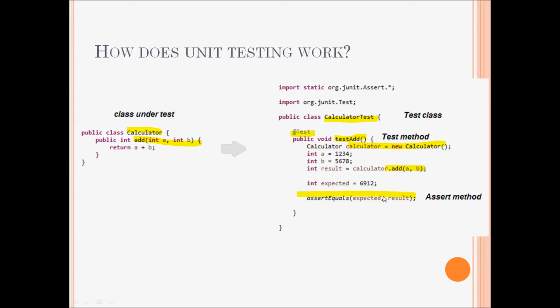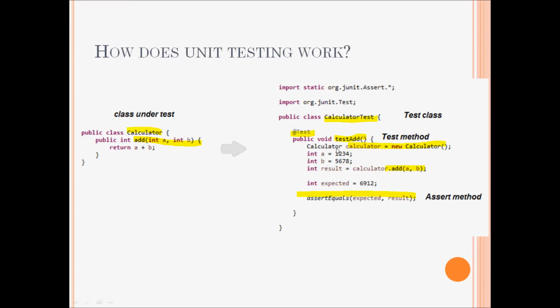If the two values are equal, the class under test passes the test case. If not, an exception is thrown. An AssertionError is thrown to indicate that the code fails the test case, and the job of the programmer is to fix the code until it passes all the test cases.